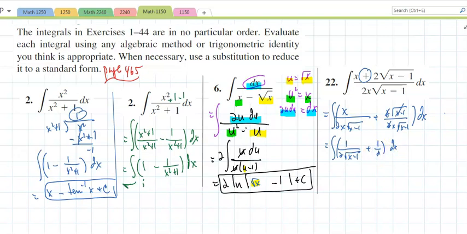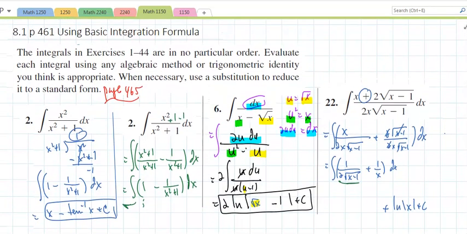So for the second part, it's really simple. That's simply natural log of absolute value of x. That's not a problem. So this is natural log of absolute value of x plus c, but I want to figure out what this is. I'm going to cheat a bit first.